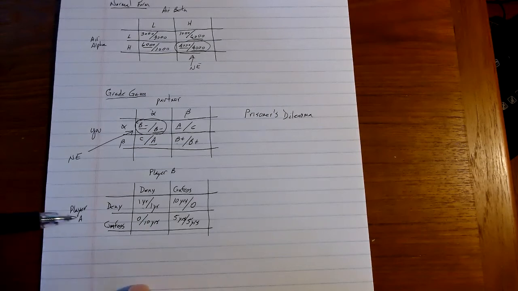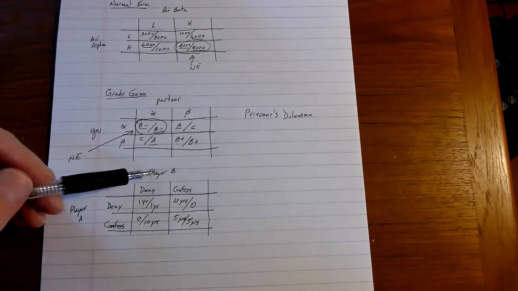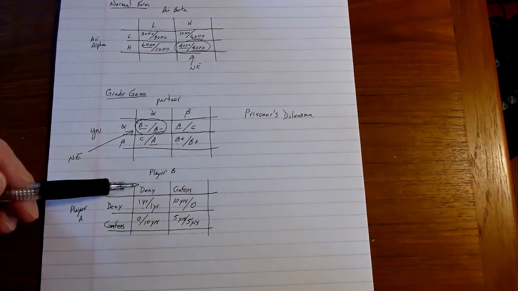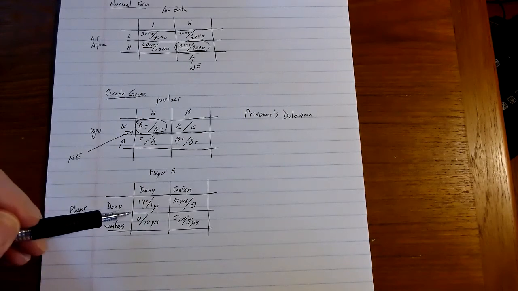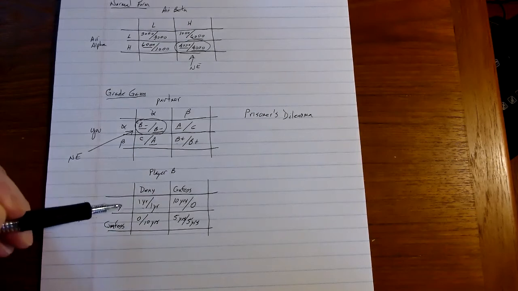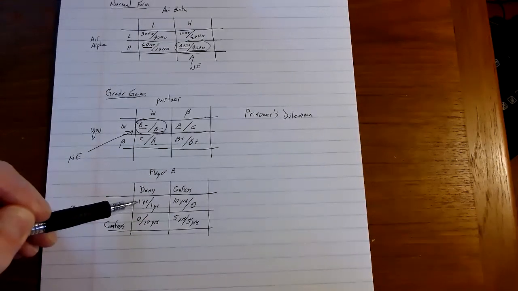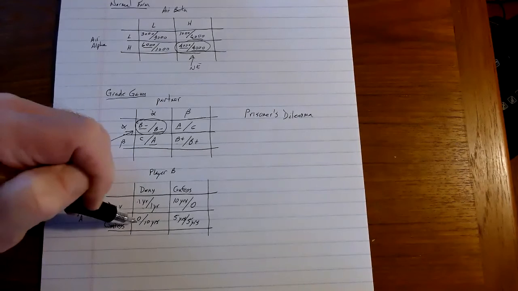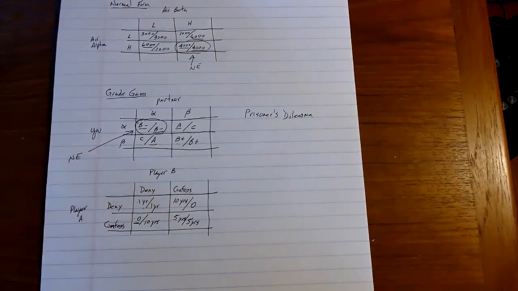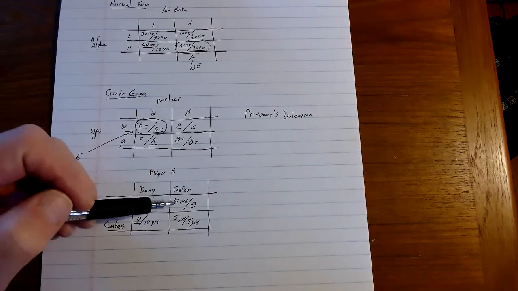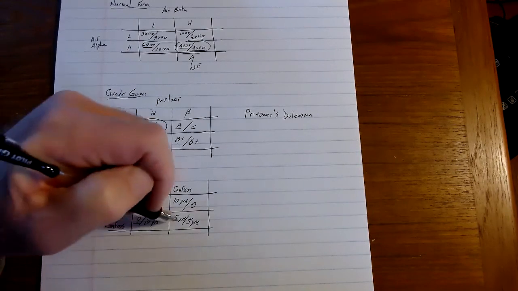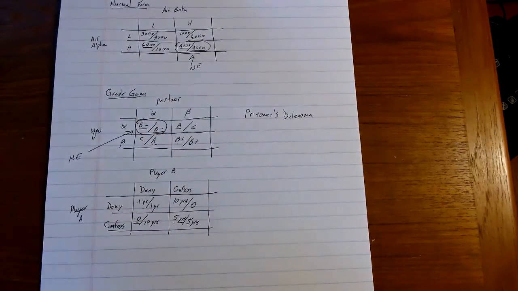So suppose player B decides to deny any involvement. Player A will either be imprisoned for 1 year or set free. They'd prefer to be set free. If player B confesses, then player A will either get 10 years or 5 years, and clearly would prefer 5 years.